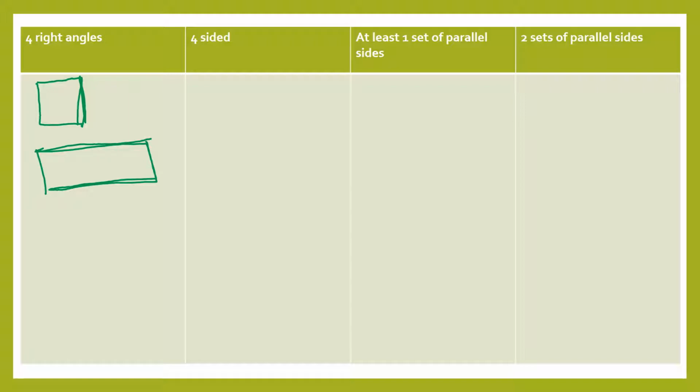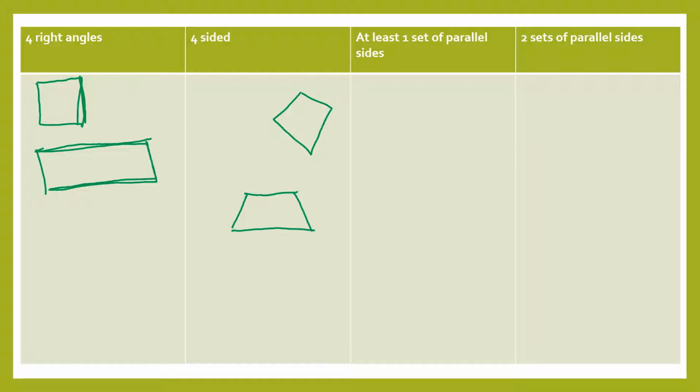Anything else? I don't think a trapezoid is. If I just drew a trapezoid with four right angles, it's technically just a rectangle. Alright, well, let's think of some four-sided shapes. We've already done these guys, so let's do diamond or rhombus. Four-sided. Ooh, I'm going to do a trapezoid.